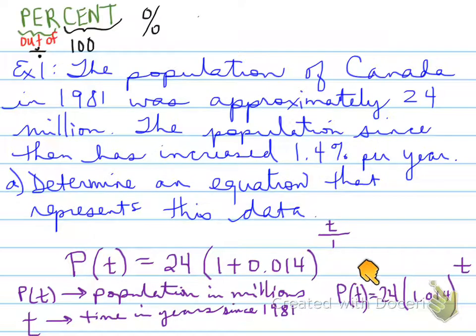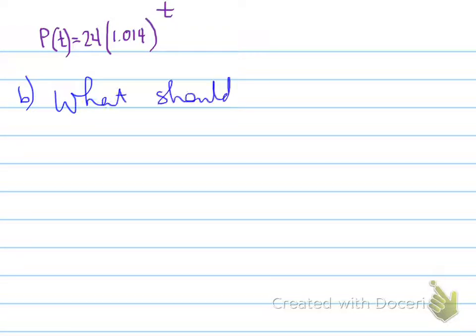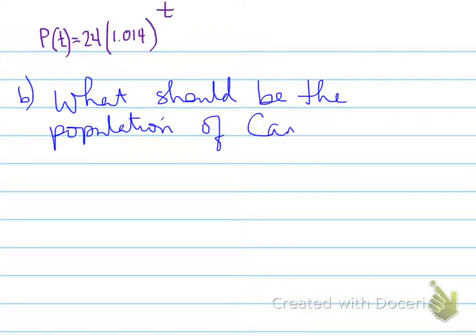When you simplify it, you get P at T is equal to 24 times 1.014 to the power of T. That's simplified. All right, moving forwards. Same question that we have, but it's a part B. And there's the equation. What should be the population of Canada in 2016?